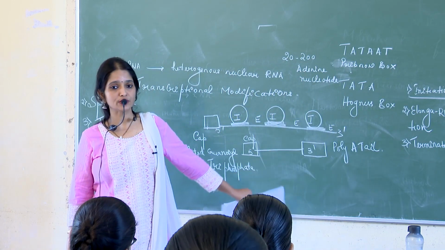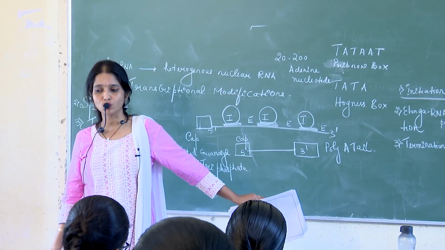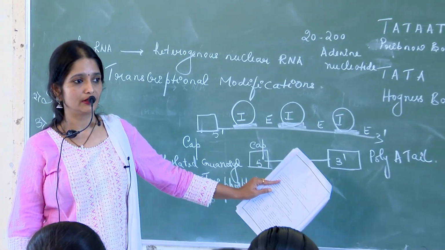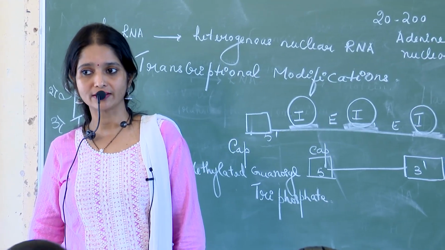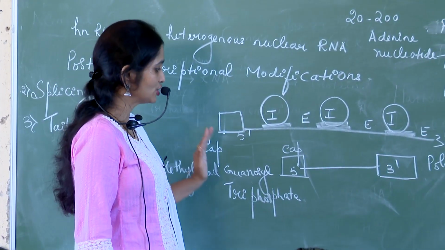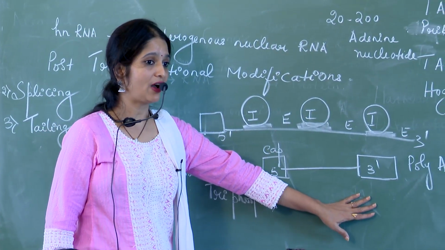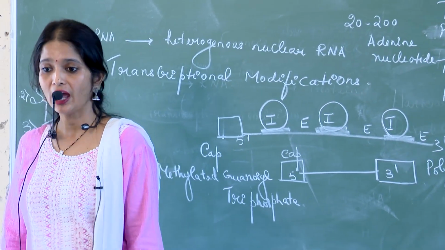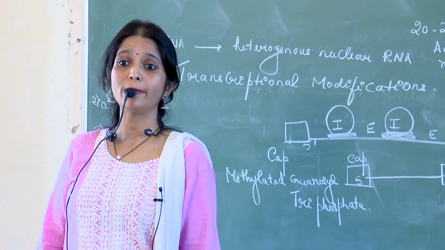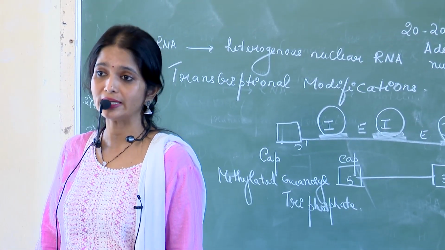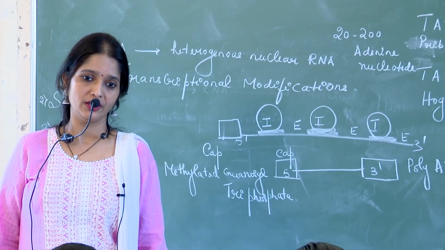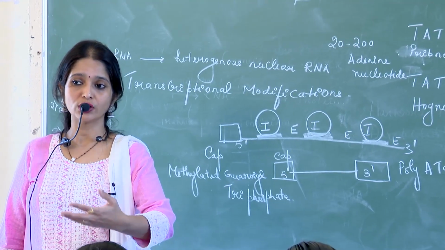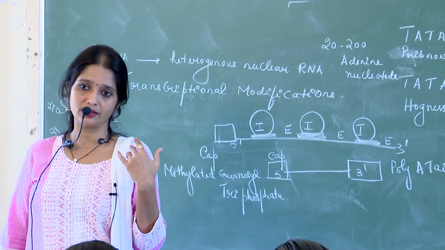Now all these processes in eukaryotes take place in the nucleus, right? And after that the RNA becomes functional. Now this RNA is the functional RNA, and this functional RNA comes out of the nucleus, right?